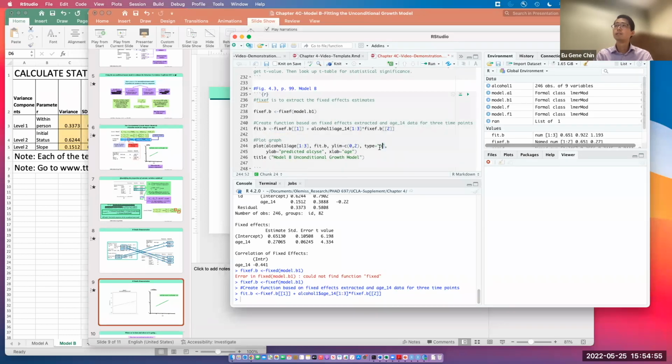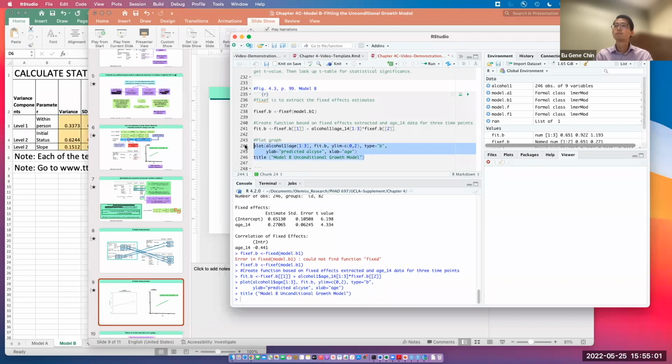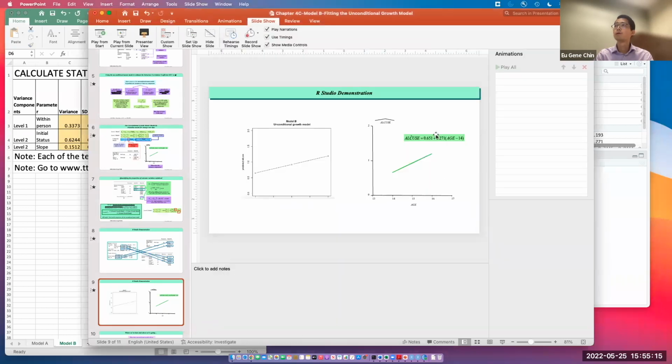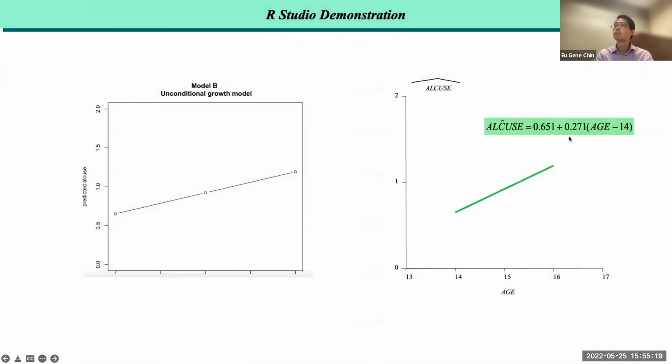Type B is basically just a type of plot that we're going to be calling from the plot function. So this is the plot, with the x-axis representing time, and the y-axis showing the predicted alcohol use based on this particular function here, the fixed effects of 0.65 plus 0.27 multiplied by h.